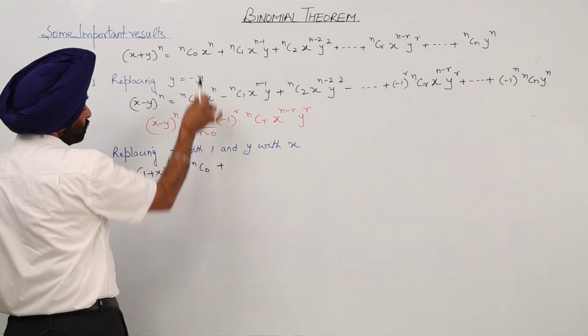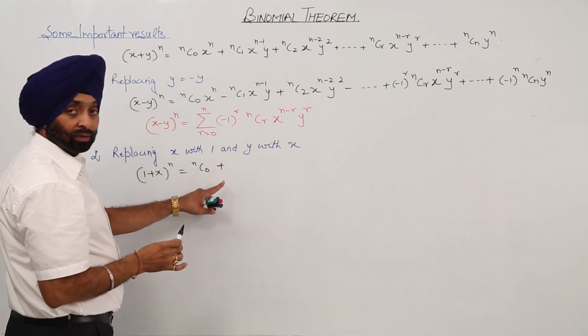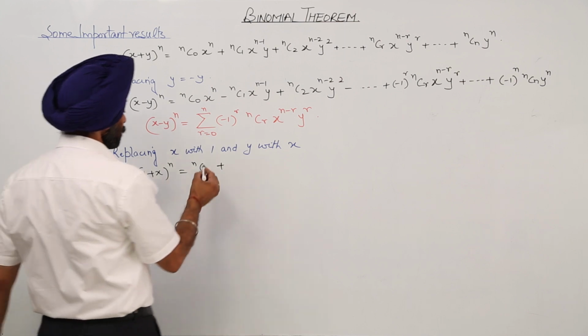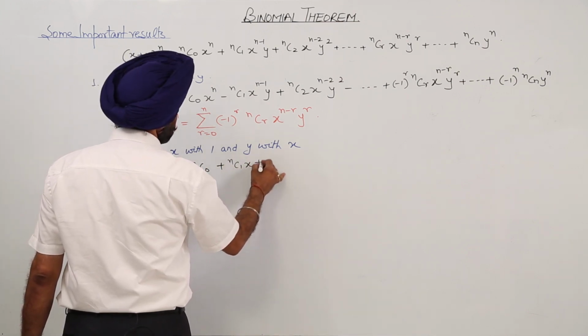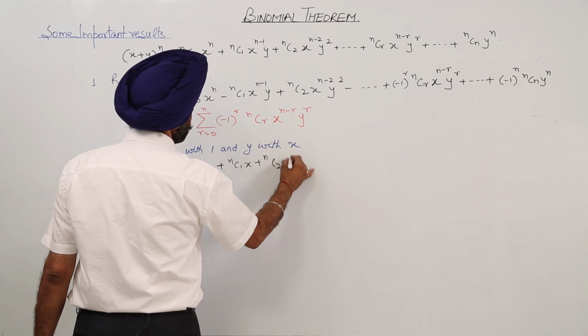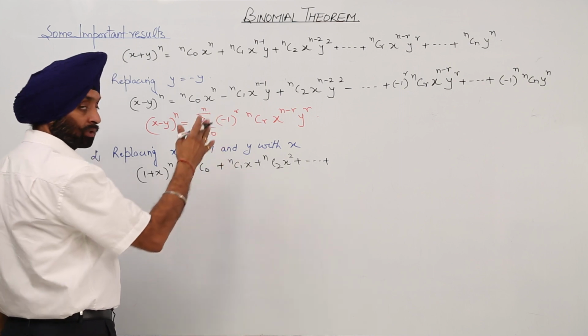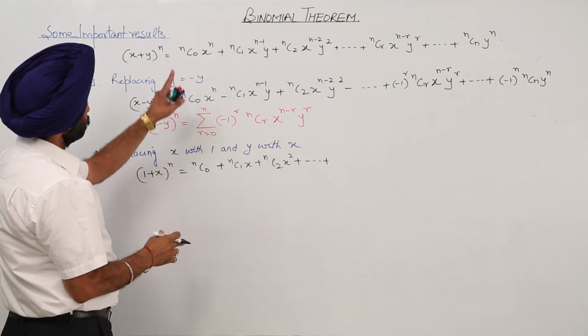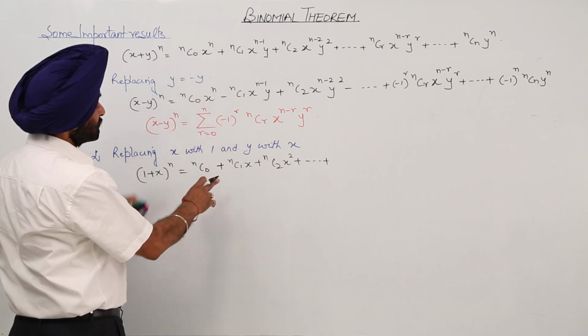So 1 raised to power n will be 1 only. So nC0 times 1 is nC0, plus nC1 with x plus nC2 with x square, like this we will be going, because the first variable is always 1. So we are moving with the second one.